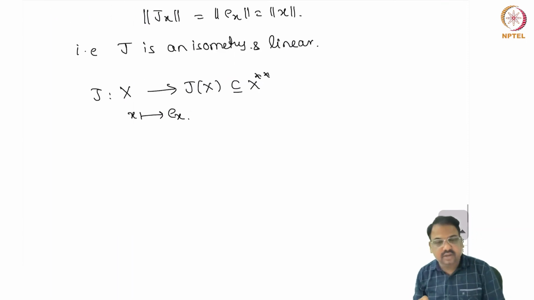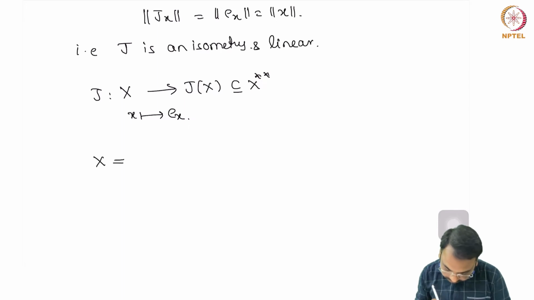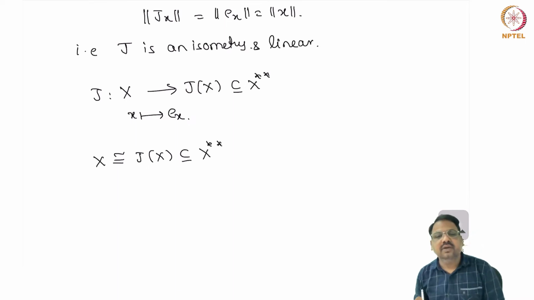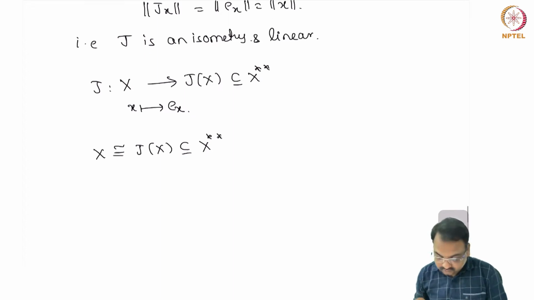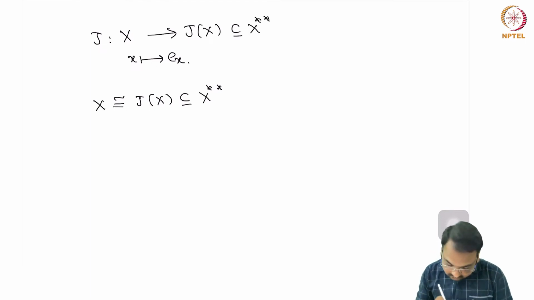Now this is a one-to-one onto map from X onto J of X. So we can identify X with J of X, and J of X is a subspace of X double star. Now J of X is a smaller family than X double star. So it will be the same when X is reflexive, but in general J of X is a subset of X double star.